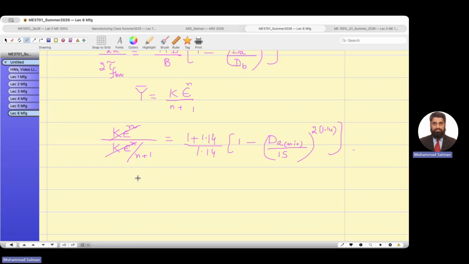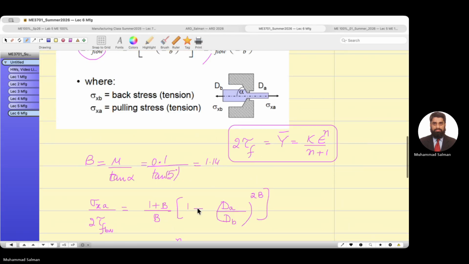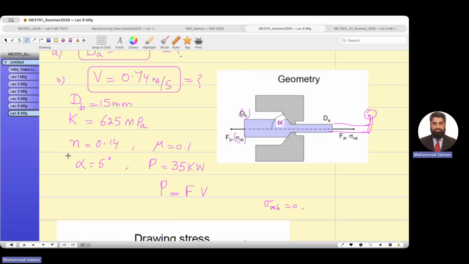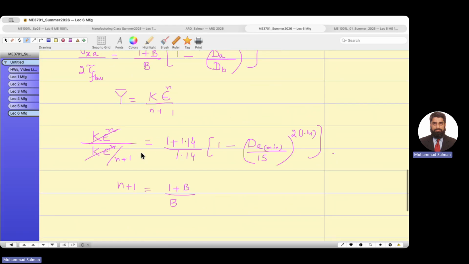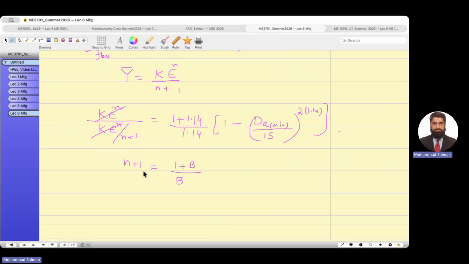I can write down here (1 plus B) over B. What is my n value? The n value is 0.14. So can I cross multiply? If you consider this, let's cross multiply it. Agreed?